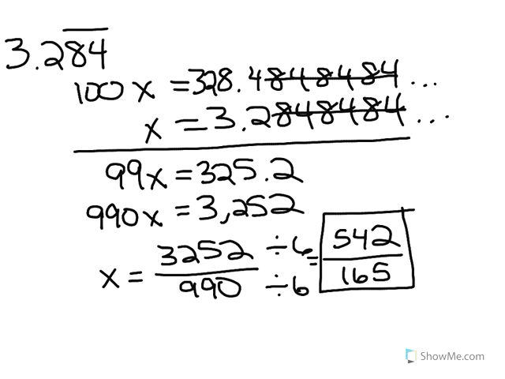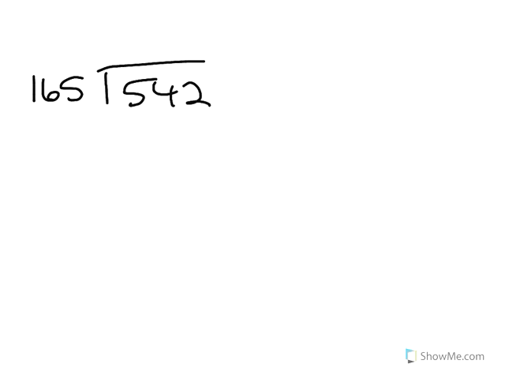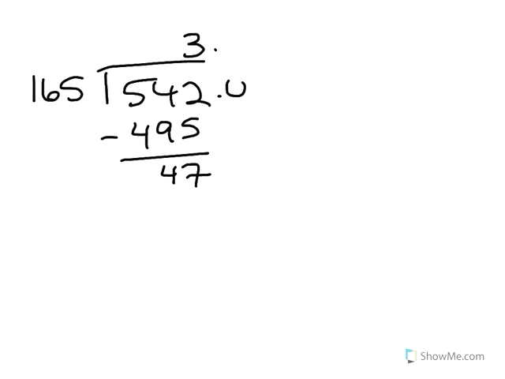To verify that answer, we should divide 542 by 165. 165 goes into 542 3 times. 3 times 165 is 495. 542 minus 495 is 47. We're going to need decimals. Bring down a 0. 165 goes into 470 twice. 2 times 165 is 330.